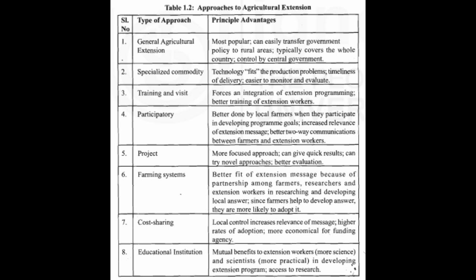Learning by doing, and seeing is believing. Development of individuals, their leaders, their whole society, and their world as a whole. Working in harmony with the culture of the people. A two-way channel of communication. A continuous educational process. In brief, this is the broad philosophy of extension as expounded by the individuals.